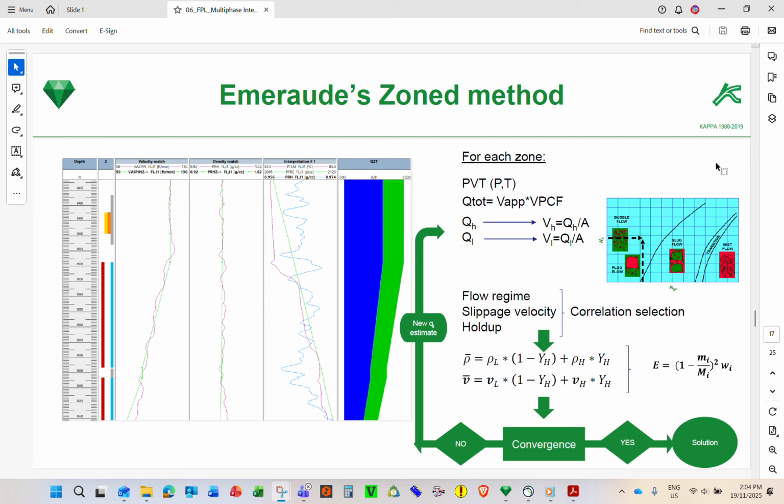So you do it for every calculation at once. That's how we do it in Emerald.